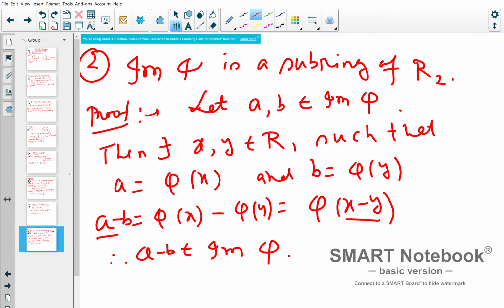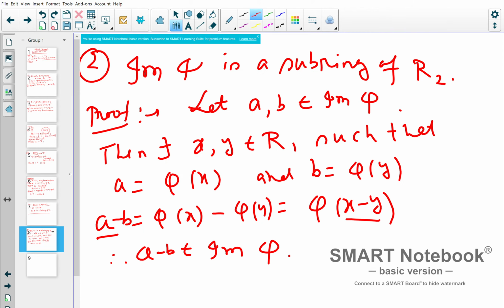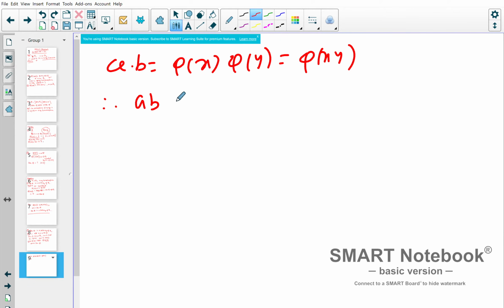So this is obvious. And similarly for the product case, a and b are phi of x and phi of y, right? So a times b you can write as phi of x times phi of y, but this is a homomorphism, so by the property it is phi of xy, and hence ab is also an element of the image of phi.